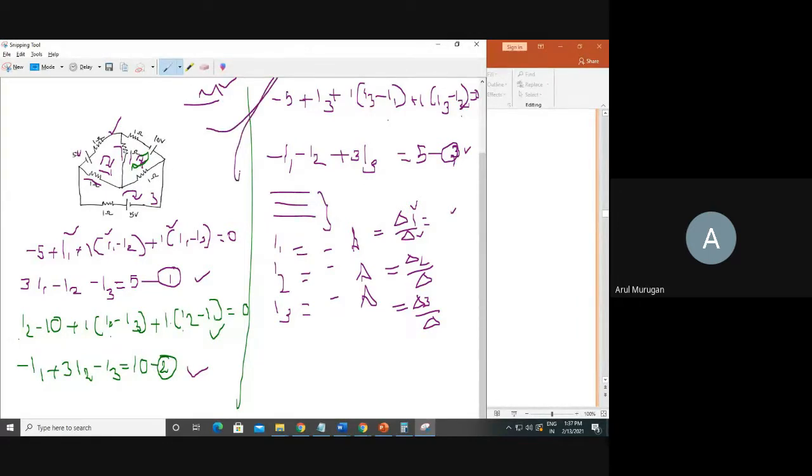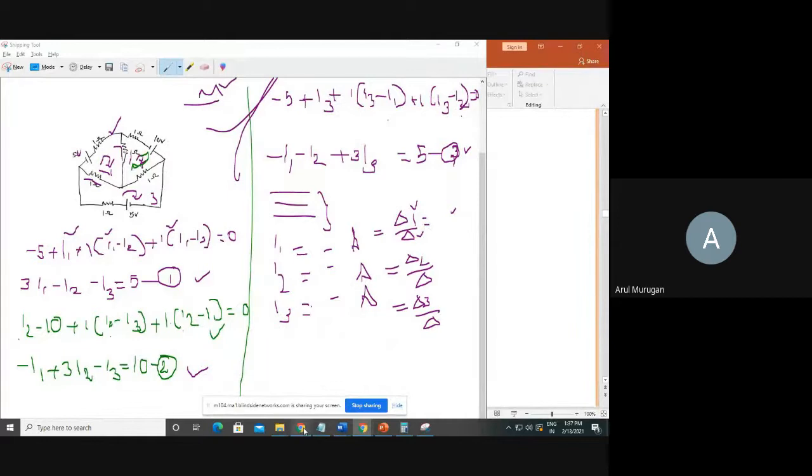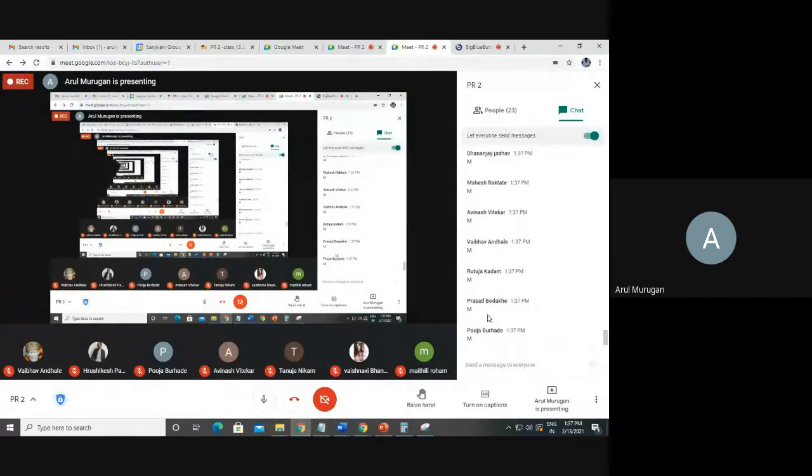If you are clear about mesh analysis, type M in the chat box. Those who are clear, type M in the chat box. If you are not clear, type 0 in the chat box. Anybody, any zeros?